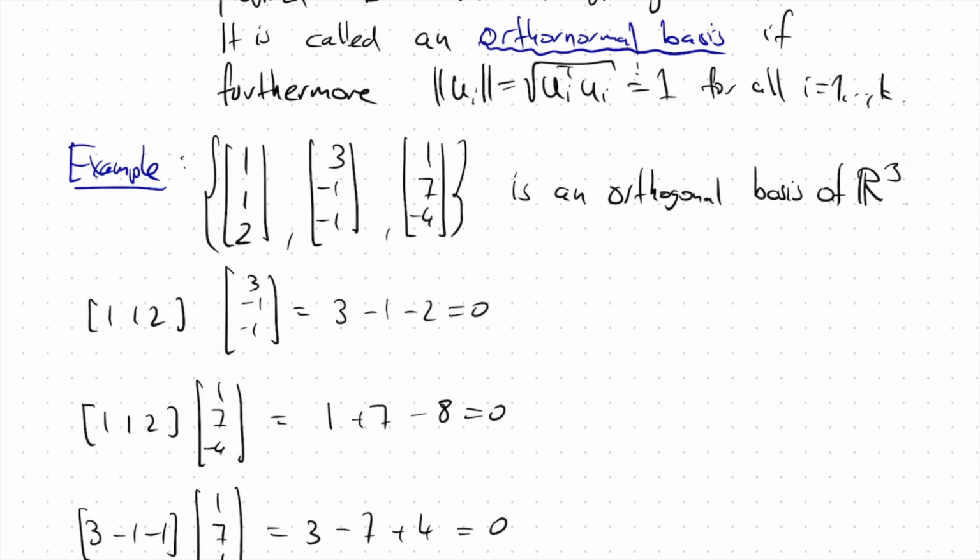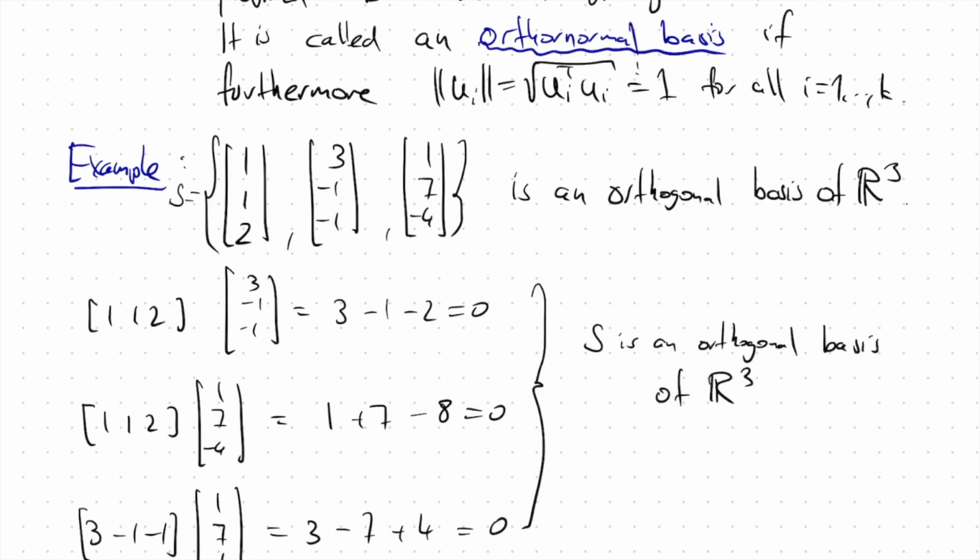Okay? This together gives a set, name it S. It's an orthogonal basis of some subspace, but it's R3 because it's 3 linearly independent vectors, right? They span R3. In other words, there's no proper 3-dimensional subspace of R3, which is not equal to R3.